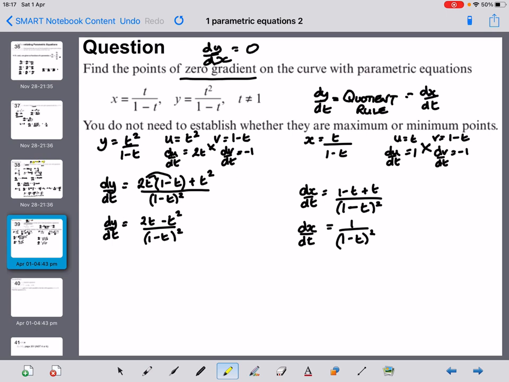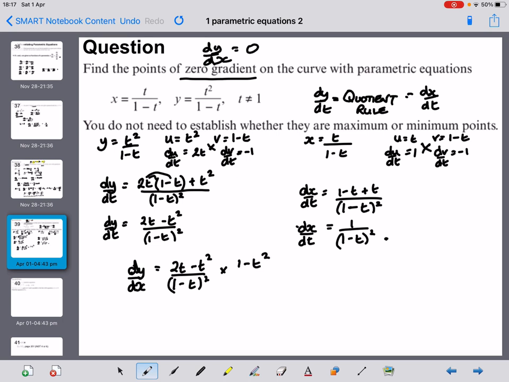Okay, so dy by dx is dy by dt. Now I need to divide by that because this is a fraction. Instead of writing that big fraction all over another fraction, I'm going to say that's the same as multiplying by dt by dx.